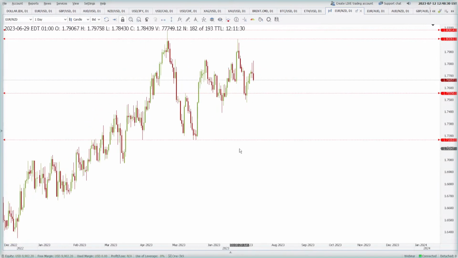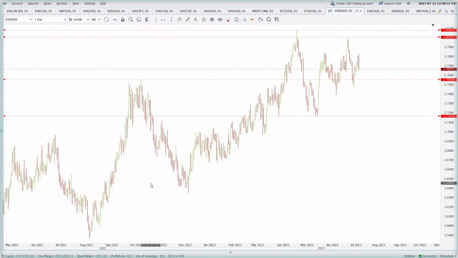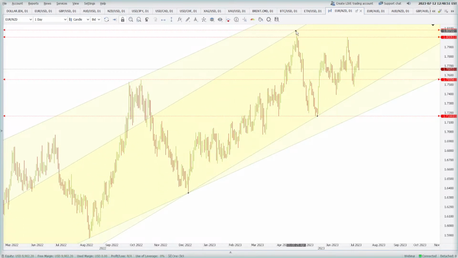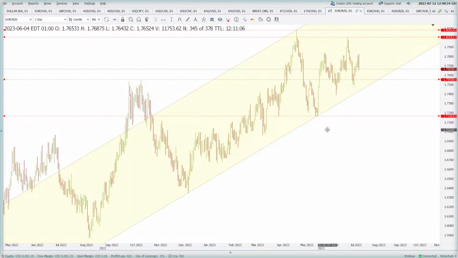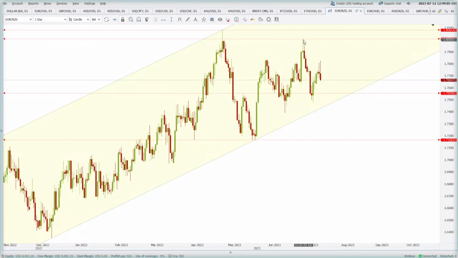Wait, let us look for the pattern here. So yes, I think we can get another opportunity of buying euro close to 1.7555, but we will talk about it when we reach the euro New Zealand.